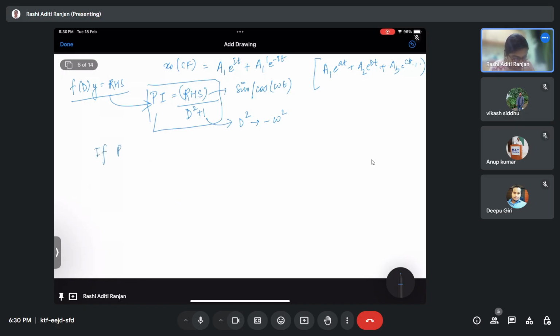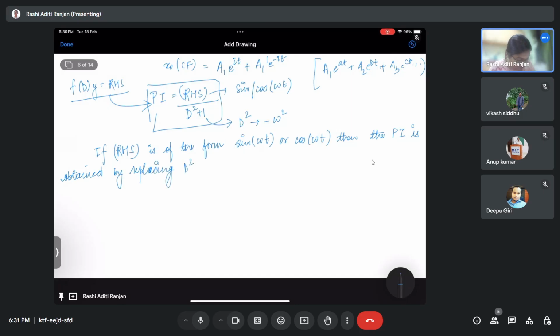If the RHS is of the form sine of omega t or cos of omega t, then the particular integral is obtained by replacing d square by minus omega square.